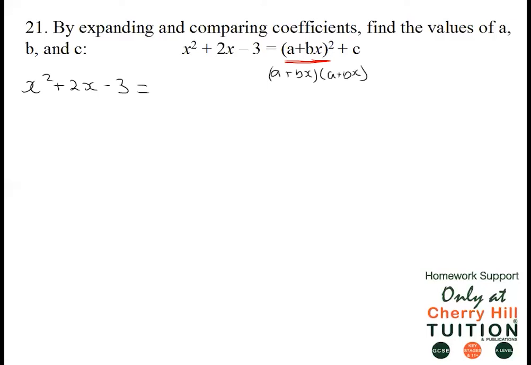So a multiplied by a is a squared. A multiplied by bx is plus abx. And then bx multiplied by a is plus abx. And then we have bx multiplied by bx, which is b squared x squared.